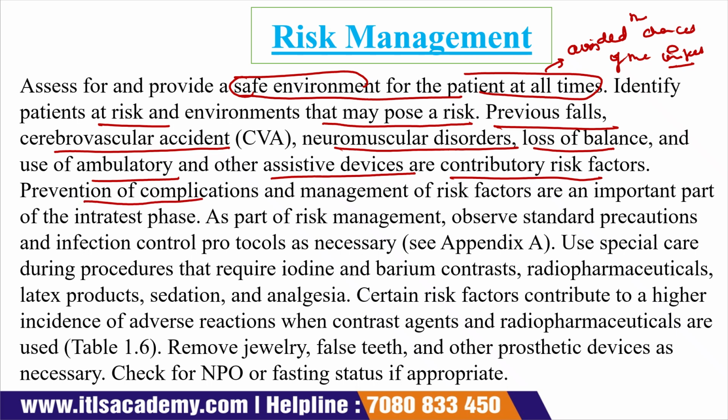Prevention of complications and management of risk factors have an important part of the intratest phase. What is the important part of the intratest phase? That is the prevention of complications and management of risk factors.